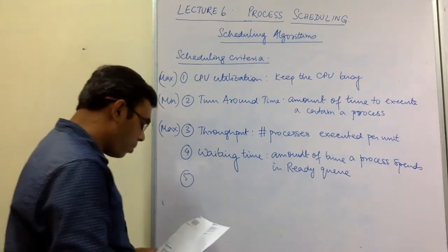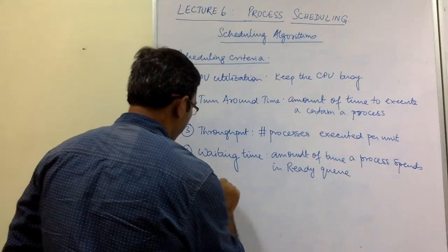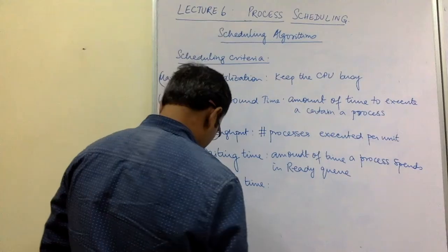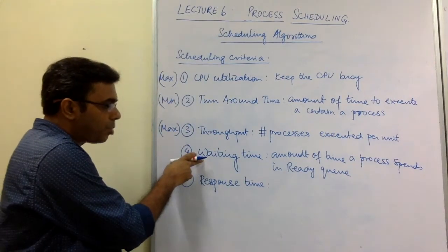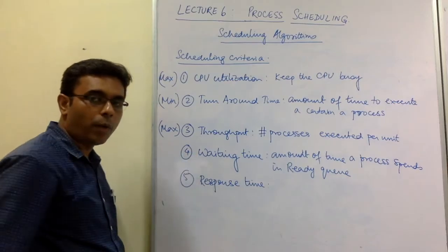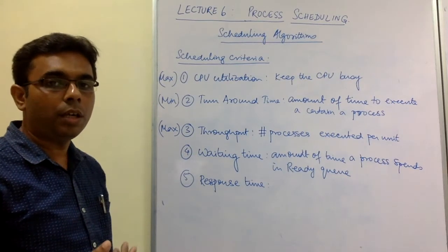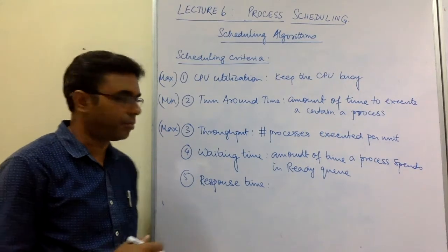Now we also have one more which we call the response time. And as the name implies, now this is, oh by the way, if we have discussed waiting time, what should be the aim of the scheduling algorithm? To have a minimum waiting time.